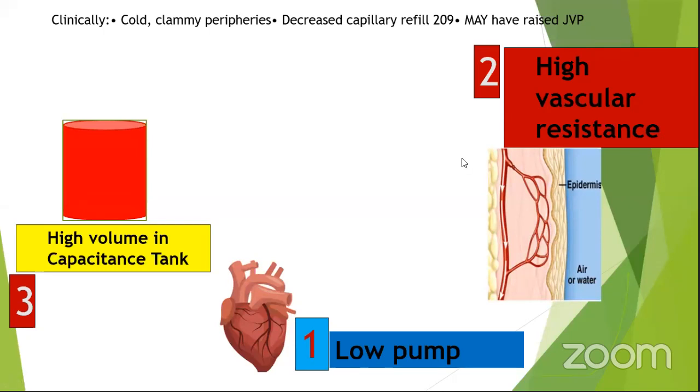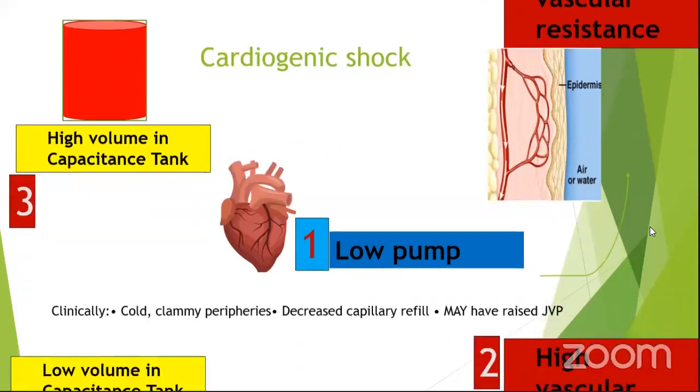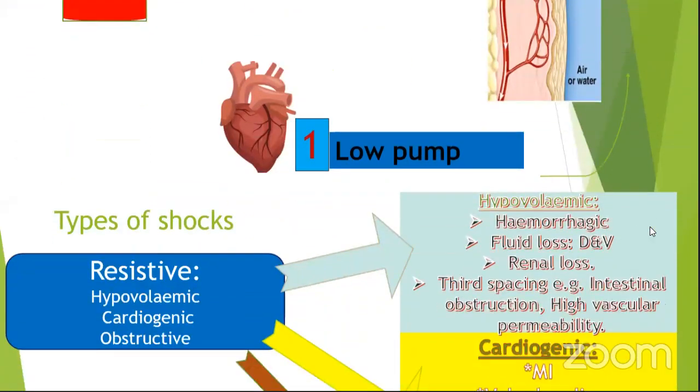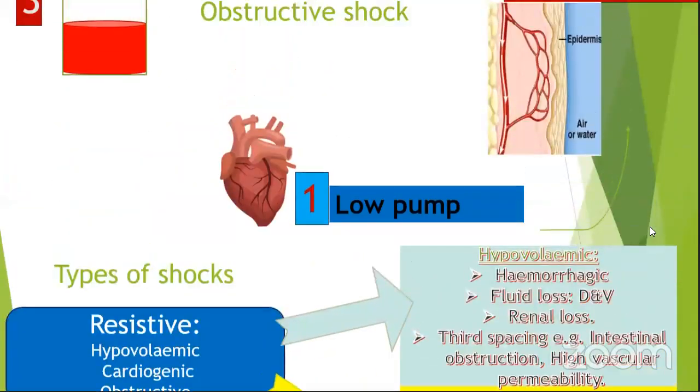And what's the type of resistive? Obstructive. Why is it a high volume capacity tank? Yes, it's cardiogenic. As we said, it's volume overload, usually there will be cardiogenic shock. The other one is an example for obstructive.